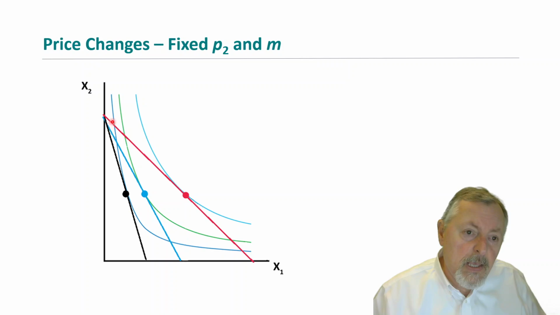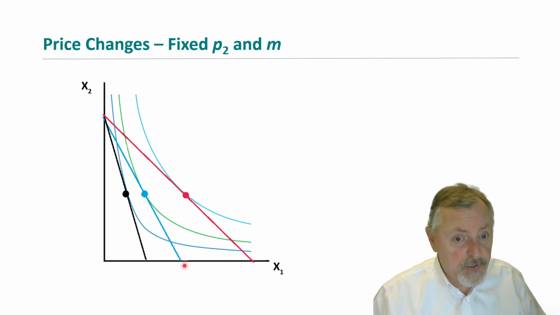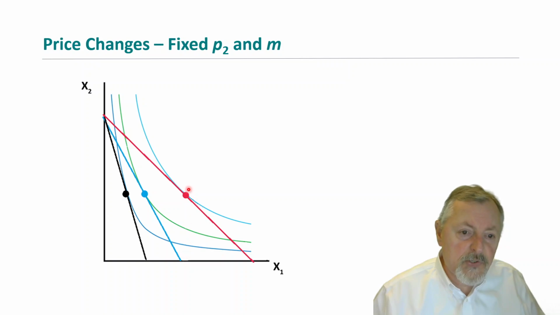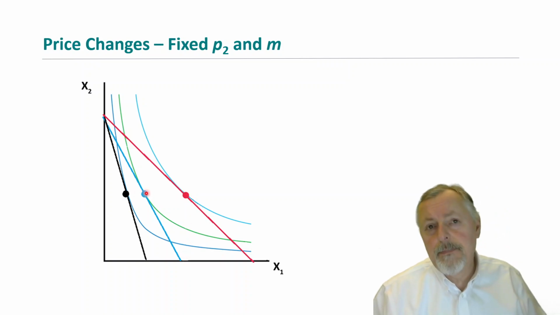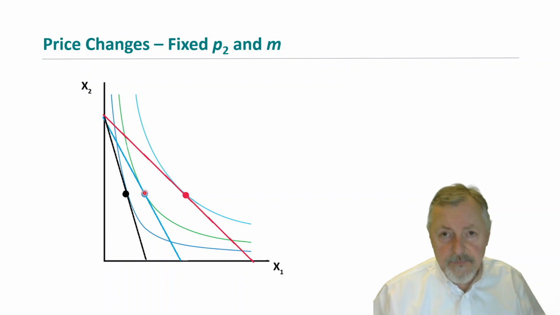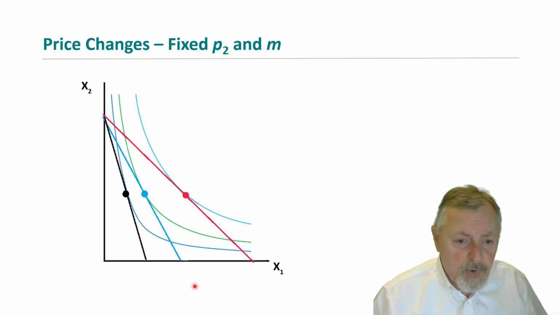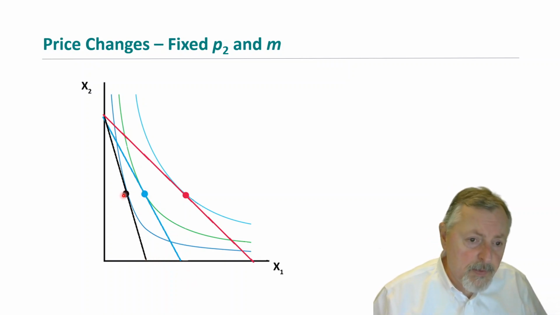Now, if the price of commodity 1 goes up so that now this is the budget constraint, we can see the person would re-optimize to here because this is the best they can do, the highest indifference curve they can get to. And if the price goes up again, then they'd be here.